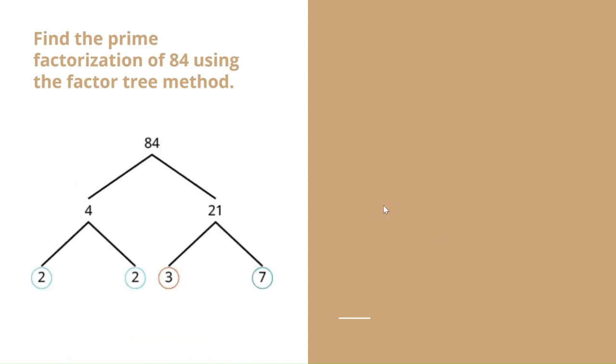Again, just find the prime factorization of 84 using the factor tree method. Find the exponential form and the circled numbers. I already gave you the circled numbers, 2 times 2 times 3 times 7. This one is the same as the last one, so I will just give you 20 seconds to answer it.